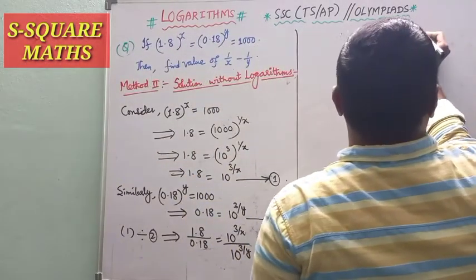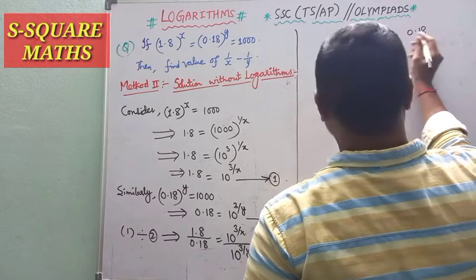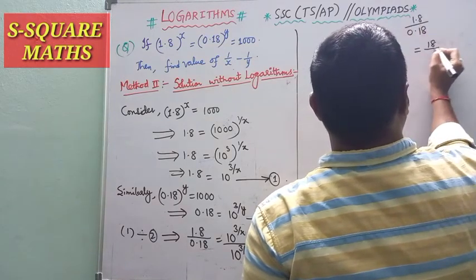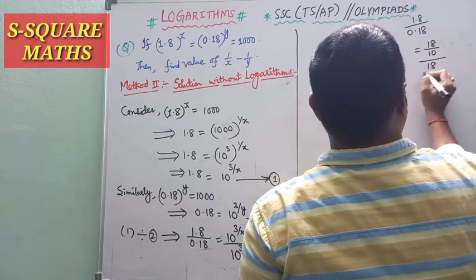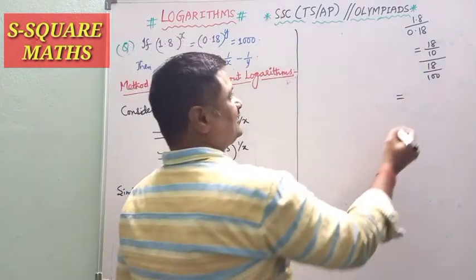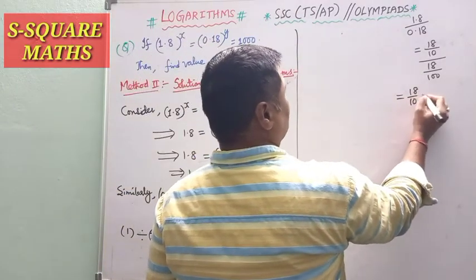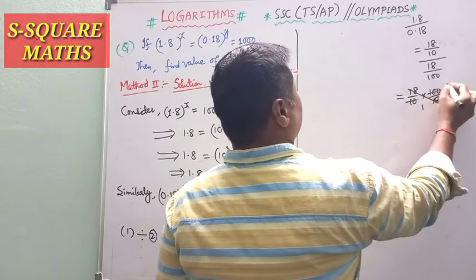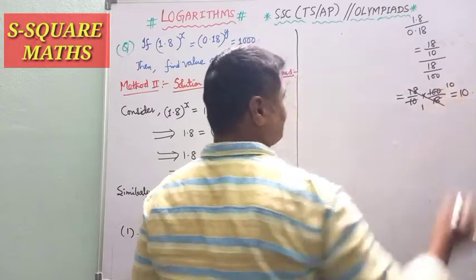So nothing but 1.8 by 0.18. So nothing but 18 by 10 by 18 by 100. So I can write it as a by b by c by d, nothing but here 18 by 10 into 100 by 18. So ones and tens cancel here. So its value is 10.